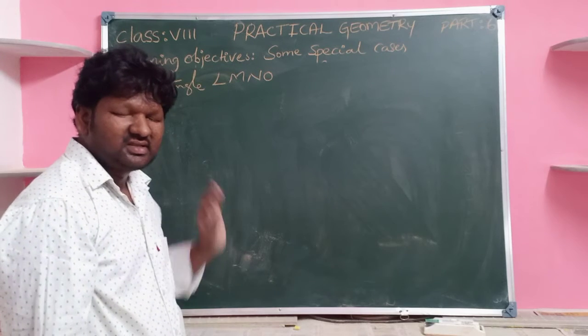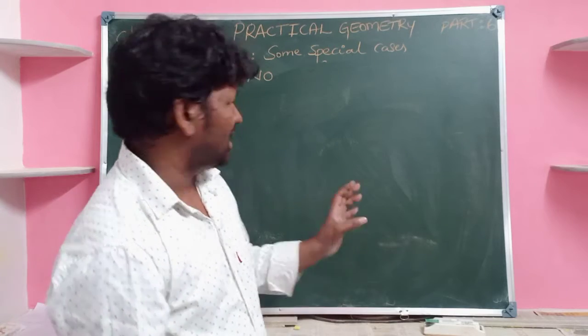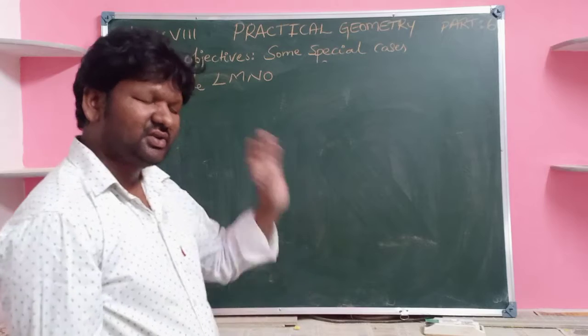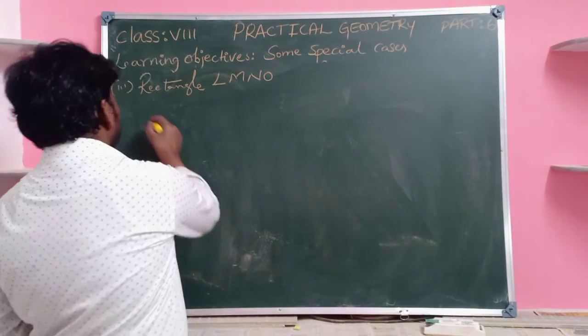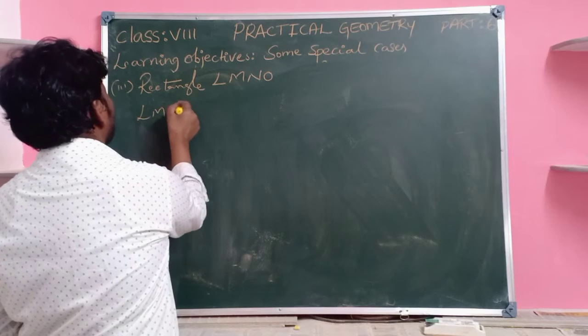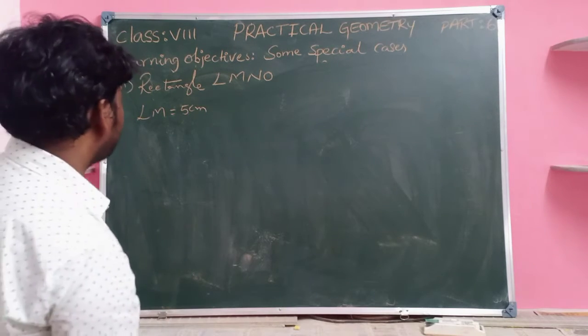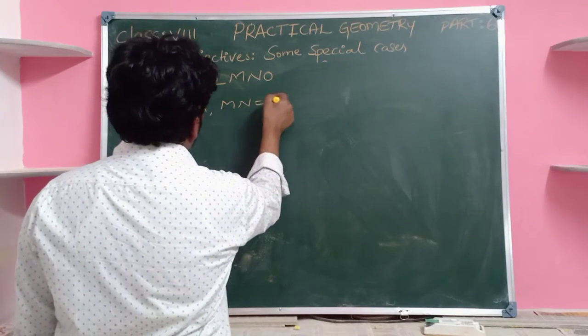rectangle, opposite sides are equal and parallel, and each angle is equal to 90 degrees. So we require any two adjacent values. For example, LM is equal to 5 centimeter and MN is equal to 4 centimeter.